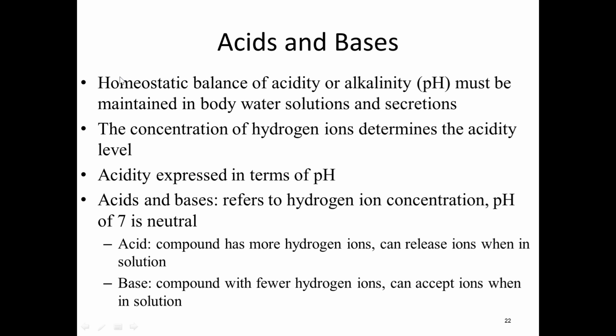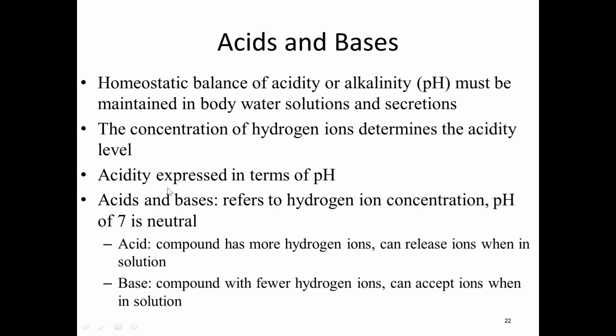That's why homeostasis, the balance of acidity or alkalinity, must be maintained in body water solution and secretion. The acidity and bases are all maintained by the water solution. The concentration of hydrogen ion determines the acidity level, and the concentration of OH, hydroxide ion, determines the alkalinity level, right?